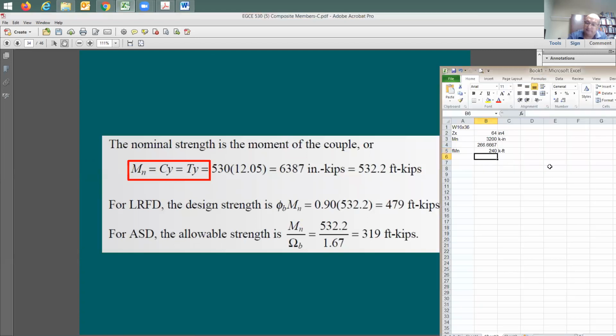Wow. See how much increase? 33%. Yes, I have increased the strength of this beam by 33%.